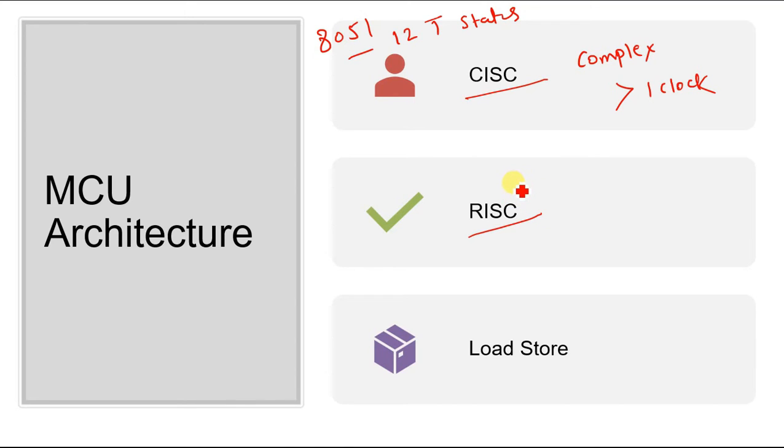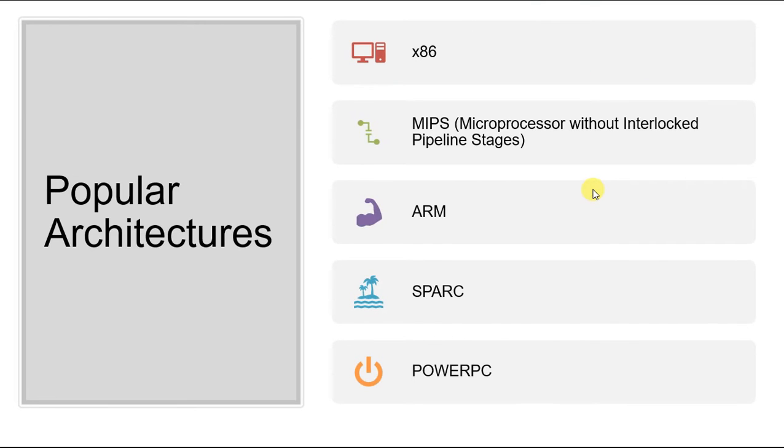Whereas in RISC, like AVR controller, every instruction is executed in a single clock cycle, that is one T-state. That makes the AVR directly 12 times faster than 8051 at the same clock frequency. So if both of them are working at 12 megahertz, then AVR is 12 times faster directly.